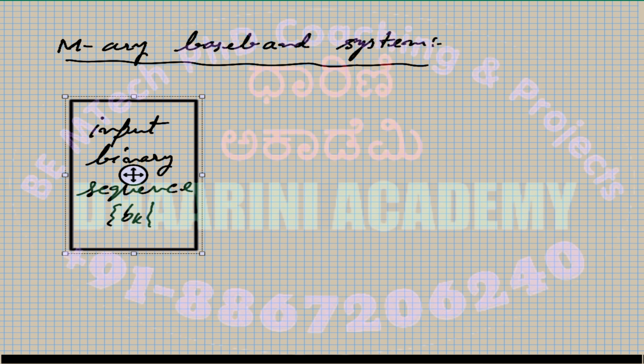This particular sequence, what we are considering as an input, is not the coded format. It's not NRZ, it's not return to zero, it's none of them. You have to apply that in the next step to convert it into the required coded format according to your need.